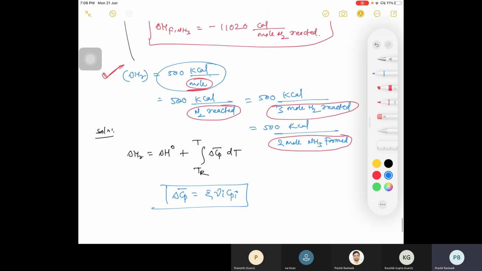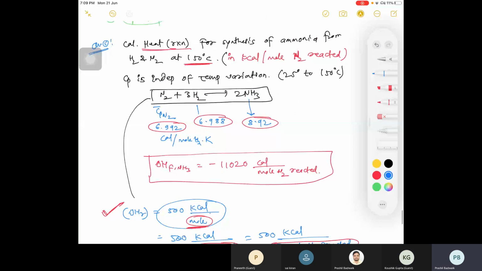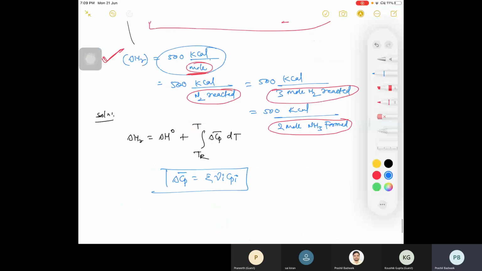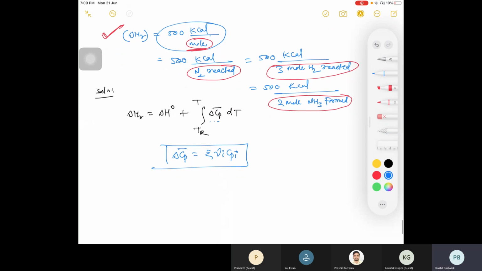Now it is written that your Cp is independent of temperature. Cp is independent, that means your delta Cp is also independent. So it will come out of this integration, right? So you will calculate this value, and what is your equation? Delta H naught at T equals delta H naught at T reference plus delta Cp times (T minus T reference). Integration will not be there.